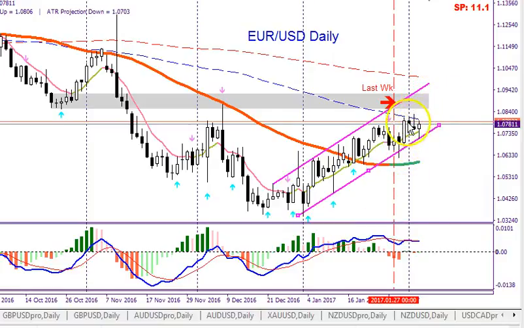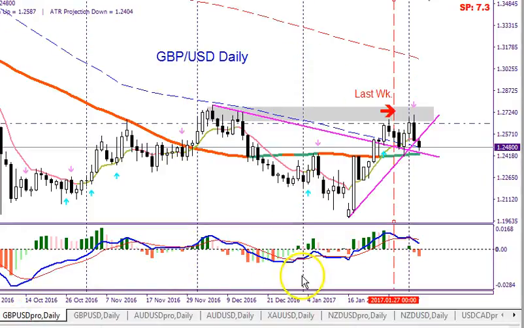Again, how high? I don't think anyone's sure of that, but there is still room to go higher for this pair. Now we get to the British pound USD, and you can see here price is really in a range. Okay, when I talk about a range, I'm going to do this. So here we have resistance.